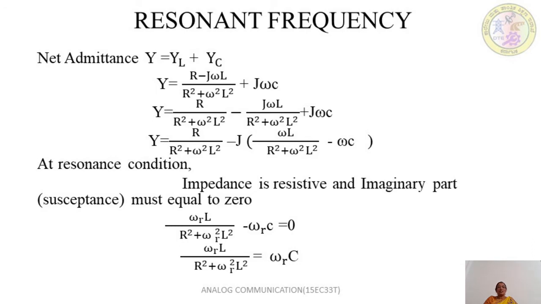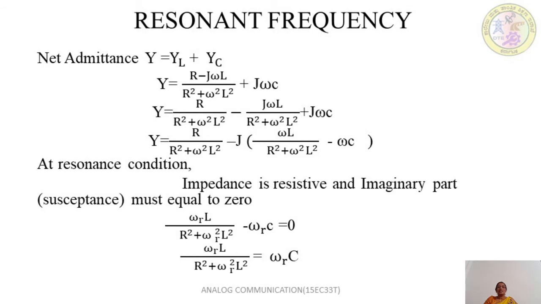At resonance condition, the impedance is resistive, and the imaginary part, that is the j term in the admittance, is called susceptance. That imaginary part, the susceptance, must be equal to 0 at resonance condition. Why is it equal to 0?